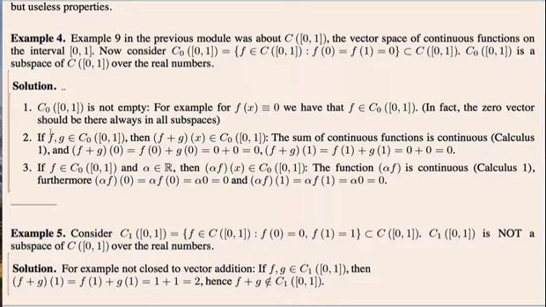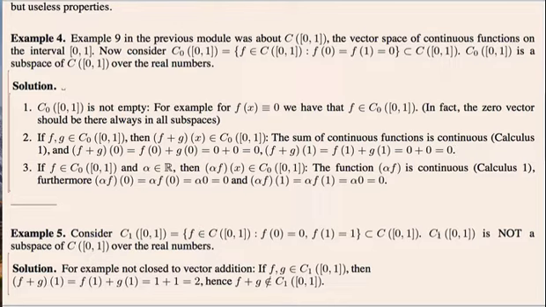Instead of this C0, consider another subset, C1, where we consider continuous functions that have value 0 at 0, but at 1 the value is 1. So this is still a subset of the continuous functions, because we assume that all these functions are continuous.